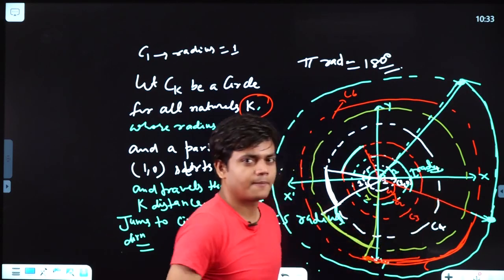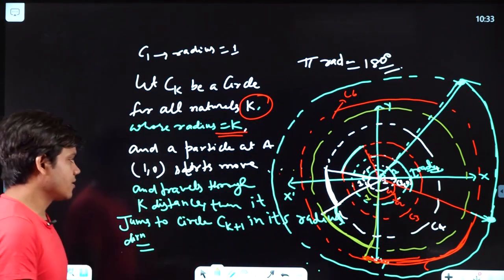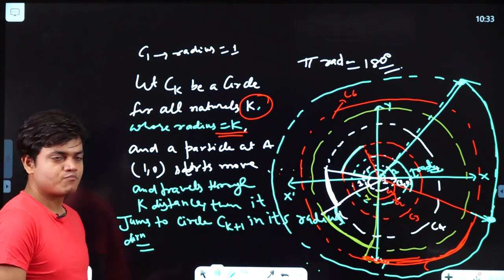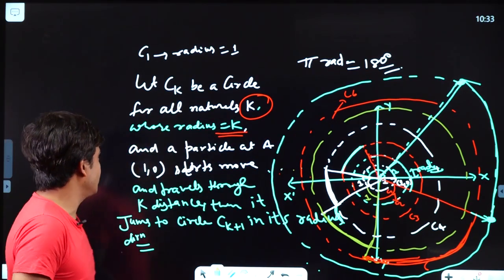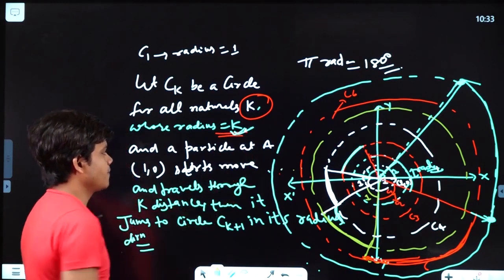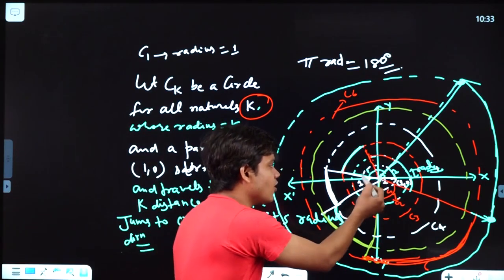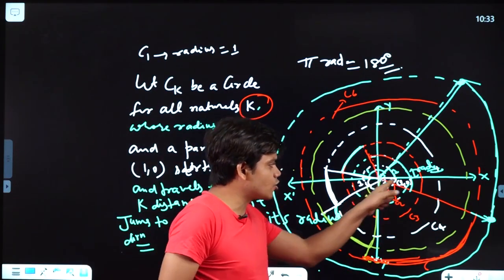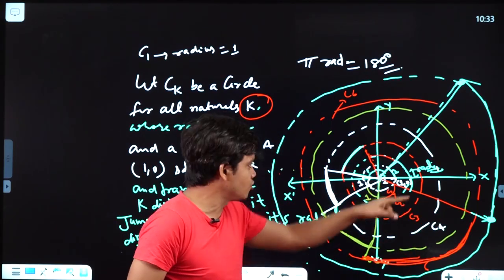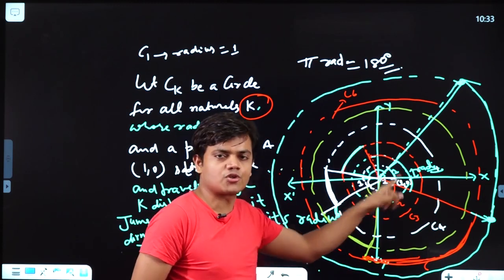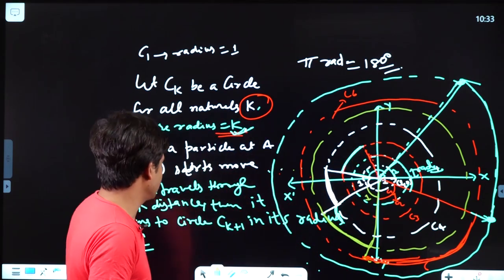So what was the question? Let me explain it properly. Let Ck be a circle for all natural numbers k whose radius is k. For example, C1 was a circle with center (0, 0) and radius 1. C2 was a circle with center (0, 0) and radius 2. C3 was a circle with center (0, 0) and radius 3, and so on.